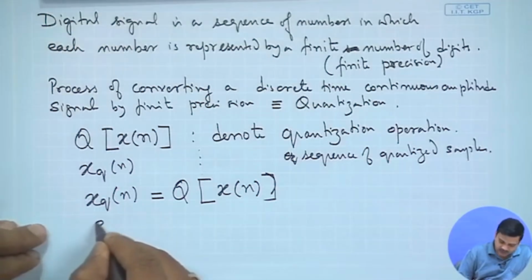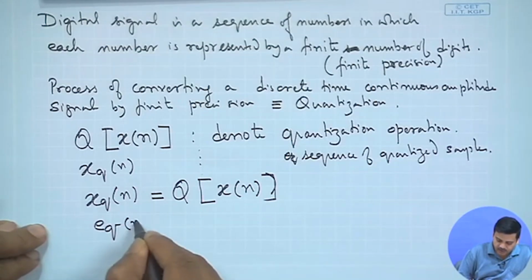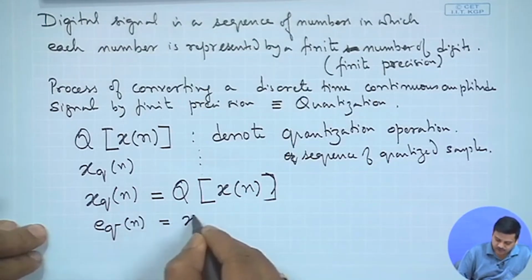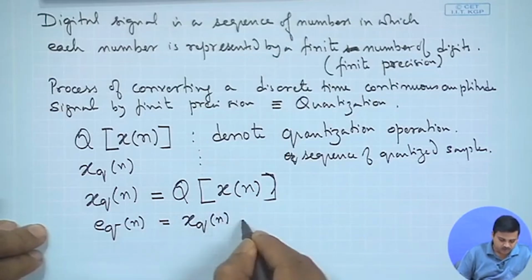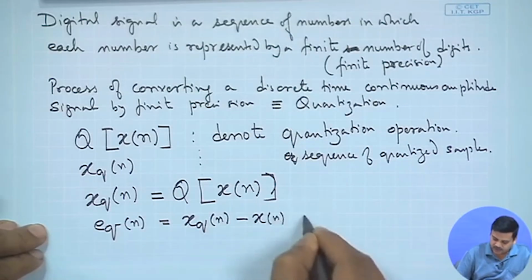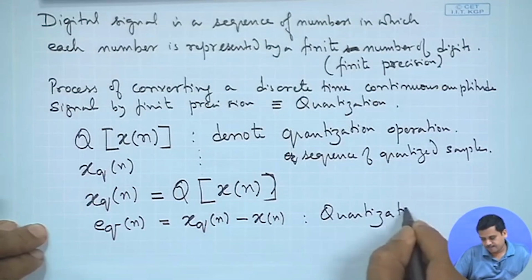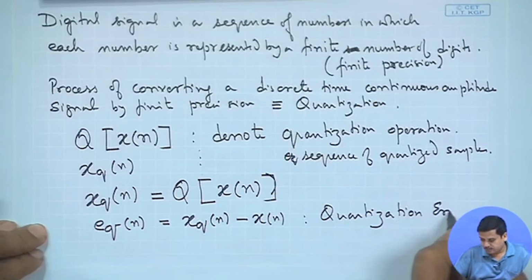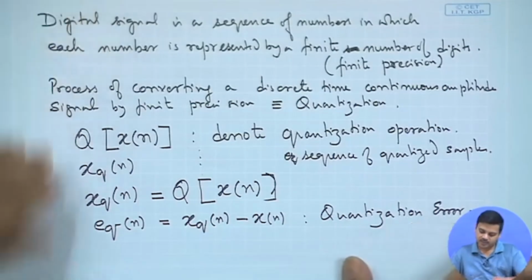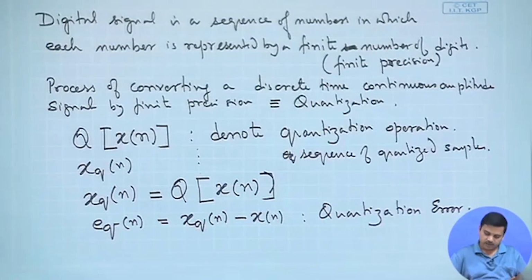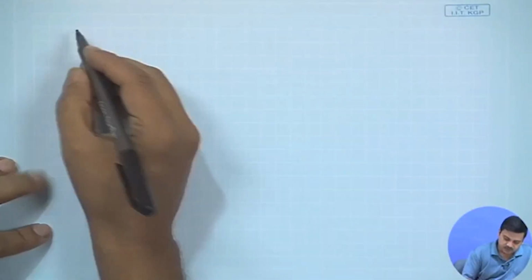So, we would write this as E_q[n], which is x_q[n] minus x[n], and you call this the quantization error. Okay.